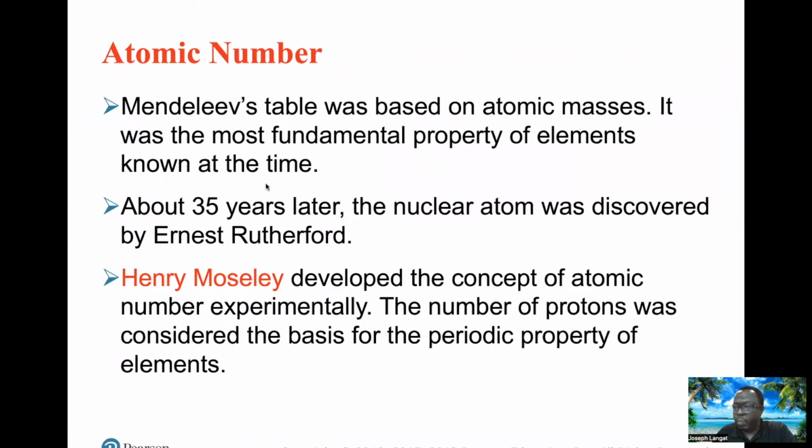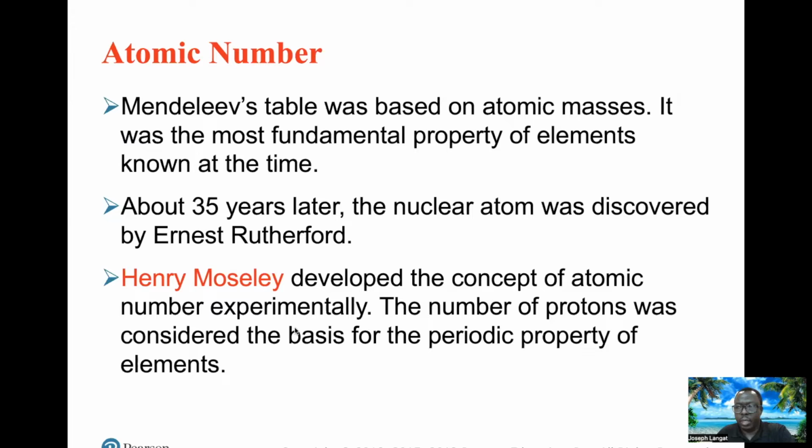So remember, before the discovery of atomic number, the periodic table was arranged according to atomic masses. Now, in 1913, an English physicist by the name Henry Moseley developed the concept of atomic number experimentally.